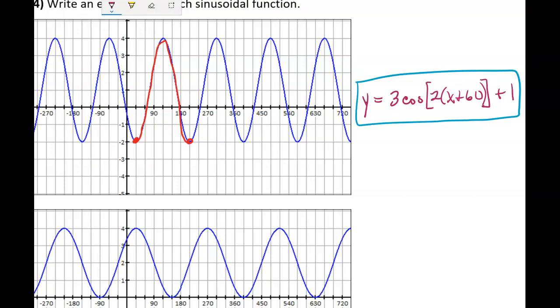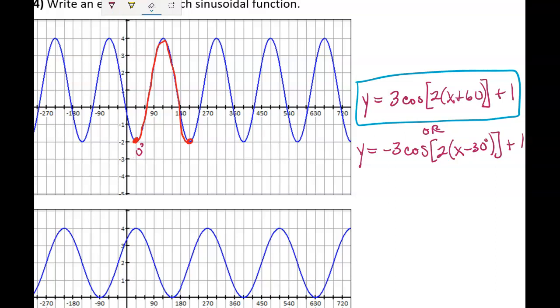Since we're going from a minimum to a minimum, the cosine function is inverted, so we'll have a negative 3 times the cosine of 2 times, and the second thing that'll change is our phase shift. Now our graph is starting its cycle at 30, so we'll have x minus 30 degrees plus 1.